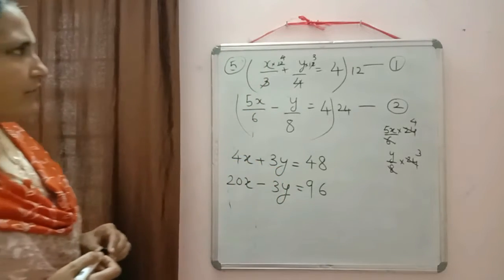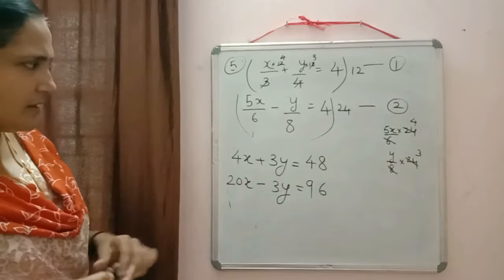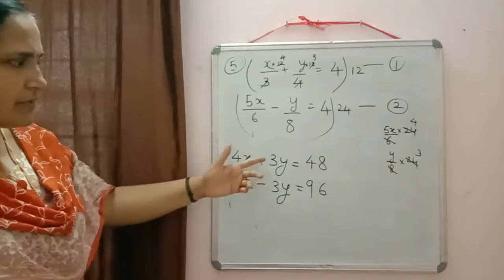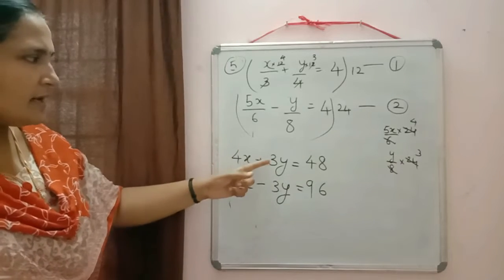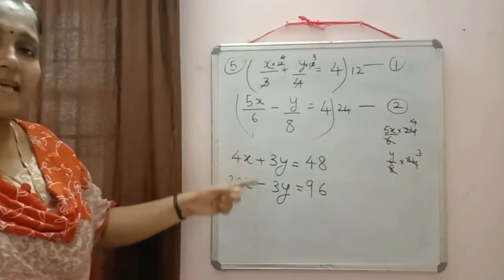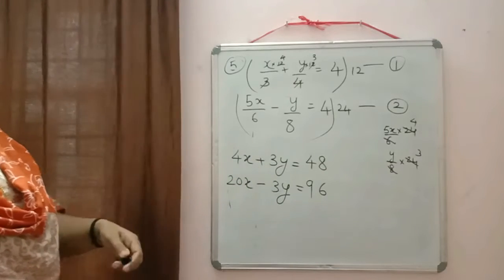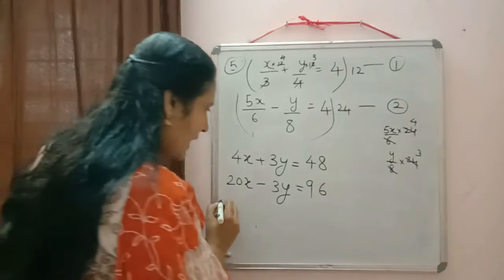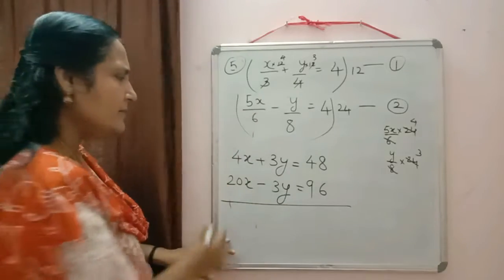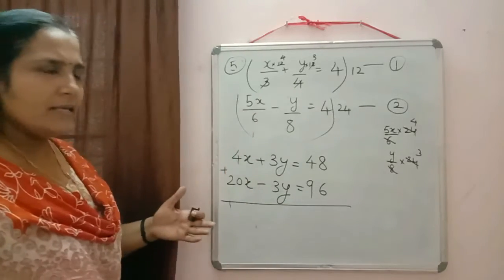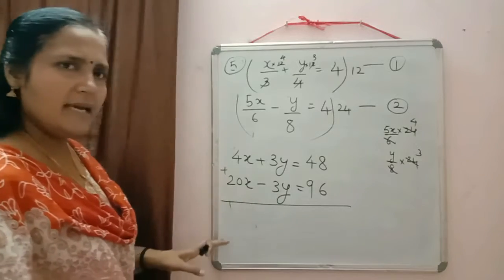Now, when we did all the modifications, what did we get? Just to check the coefficient of y, the numbers are the same, only the sign is changed. So instead of doing subtraction, to cancel that, we can add these two. When we are doing the addition, we don't have to change the sign.